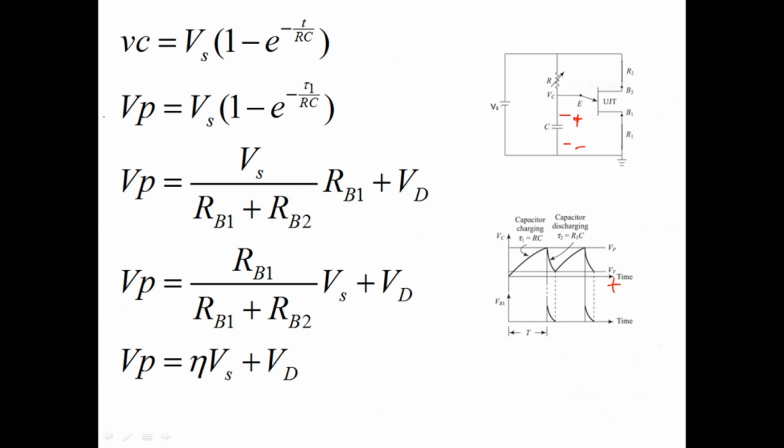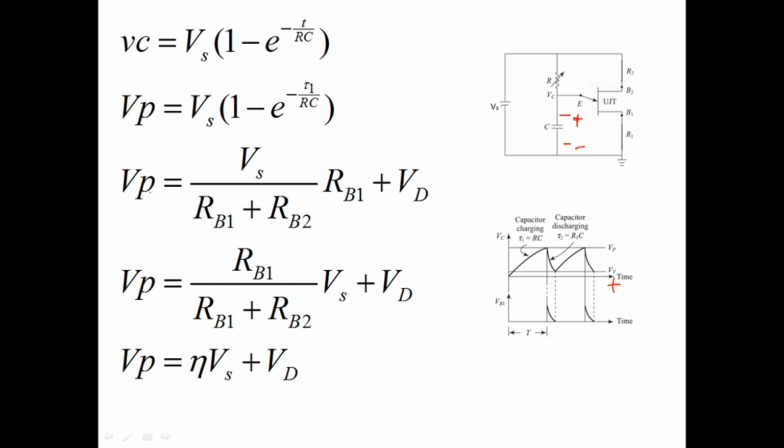So V peak equals Vs times 1 minus e power minus tau 1 divided by RC. When t equals tau 1, the capacitor voltage reaches V peak.